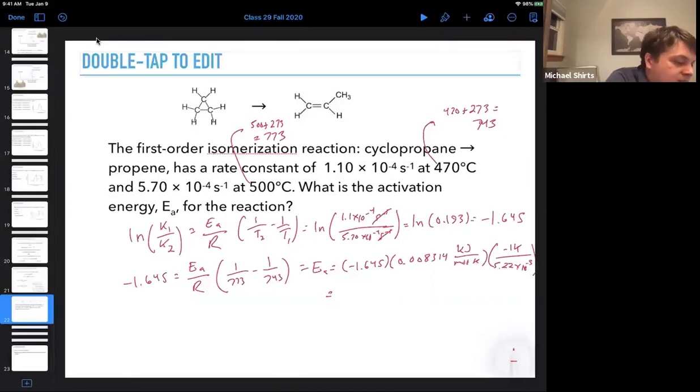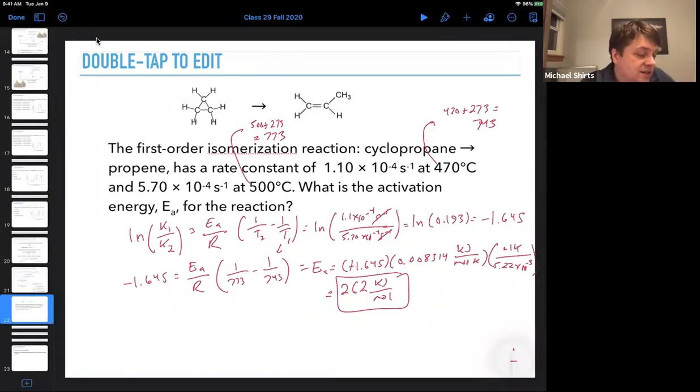Obviously, this is quite small. It's two large numbers that are close to each other subtracted, but note that this number is larger than this one, so the answer will be negative. And so we get 262 kilojoules per mole as the activation energy there.